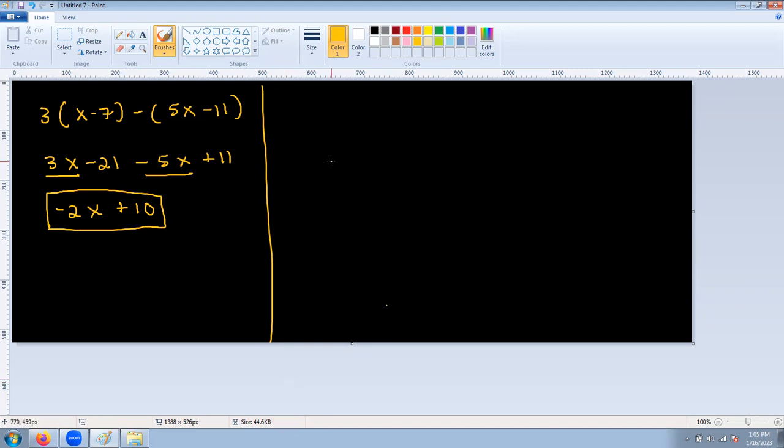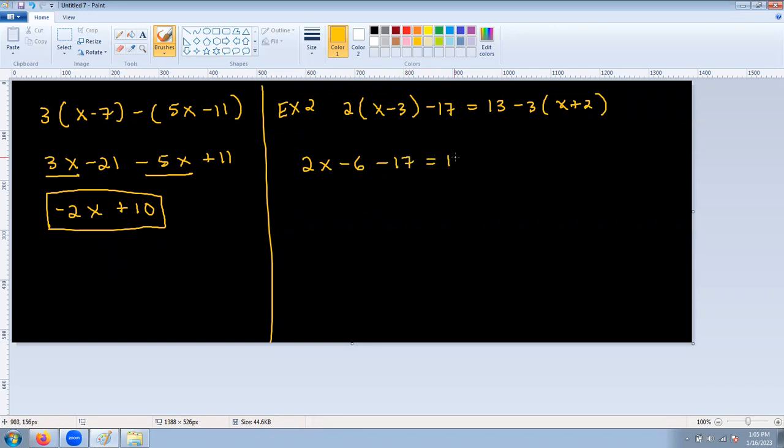And here's another example to work out. So this is example 2 in the book. So this is 2x minus 3 minus 17 is equal to 13 minus 3x plus 2. Well, this is going to be 2x minus 6 minus 17 is equal to 13 minus 3x minus 6.